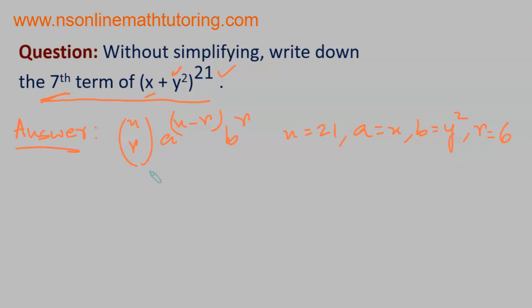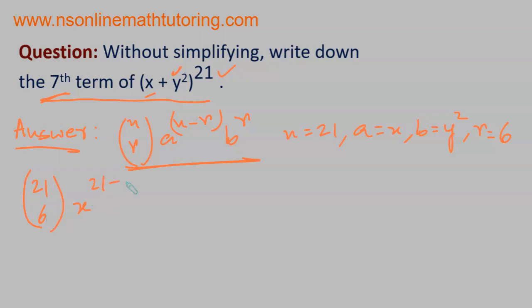So now we are in a position to just substitute these values and get the general term. So it is 21c6. A is x, so x raised to the power of 21 minus 6, which is 15.